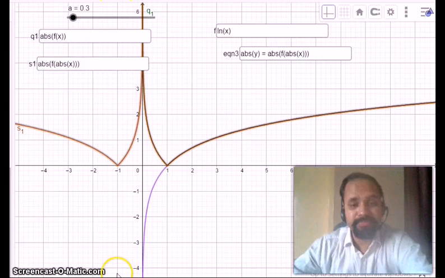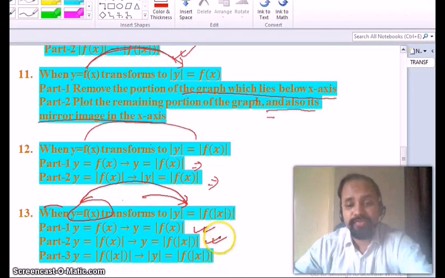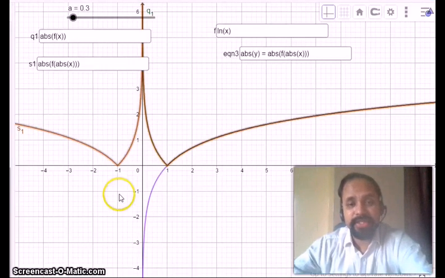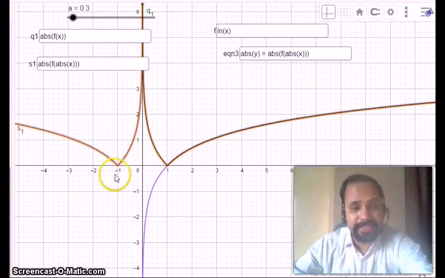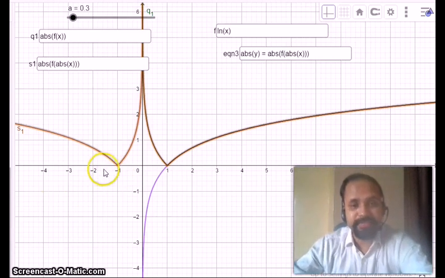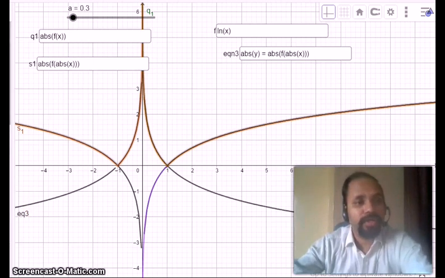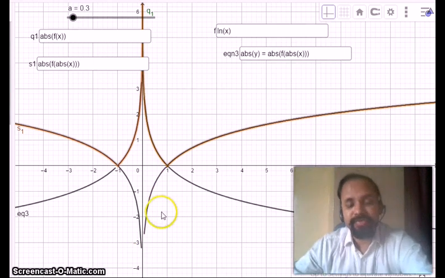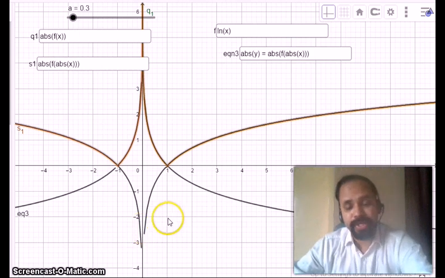Then in the third step, we have to draw the graph of mod y equals mod of f of mod x. Whenever we draw the graph of mod of y, simply consider the x-axis as a plane mirror and then draw the graph. So consider the x-axis as a plane mirror and see the graph of this one. This will be the graph of mod y equals mod of log of mod x.